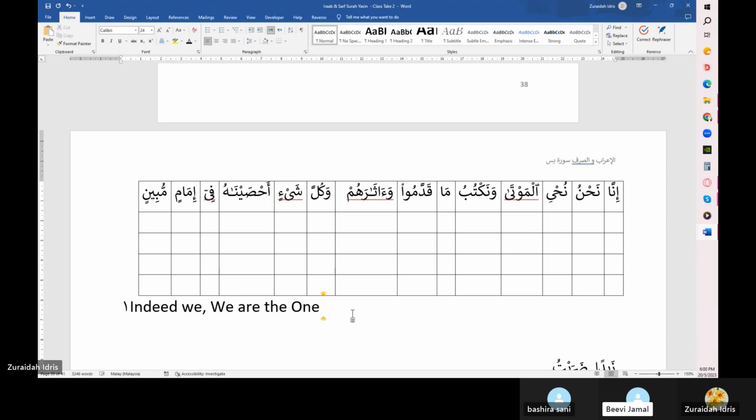So nuhyi will be the khabar: the one who gives life, we are the one who gives life to the dead.